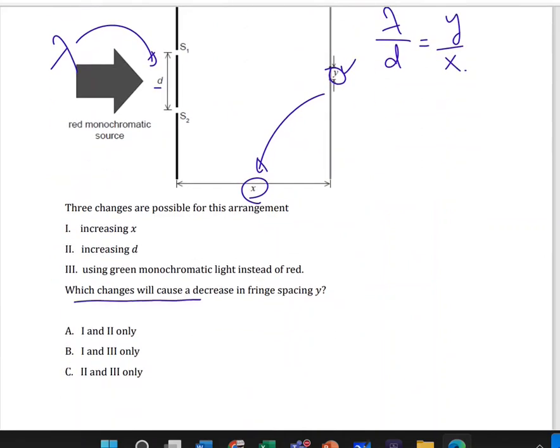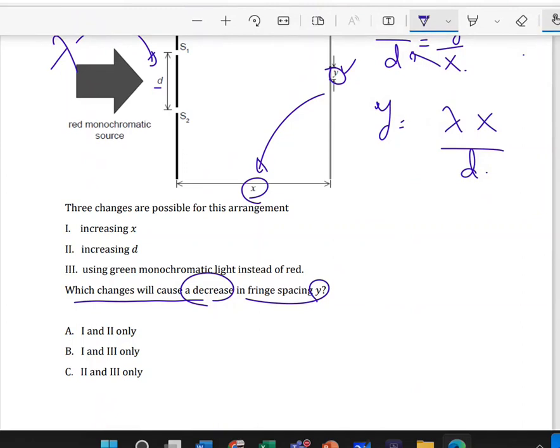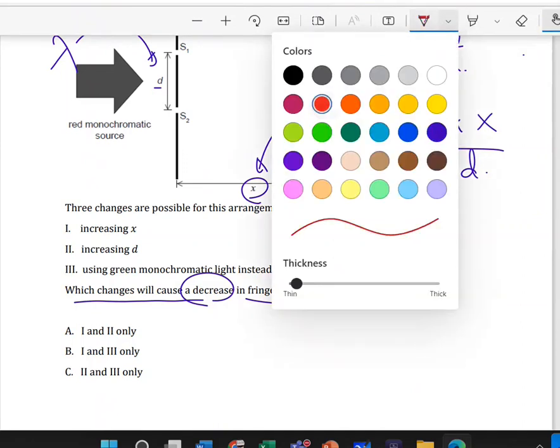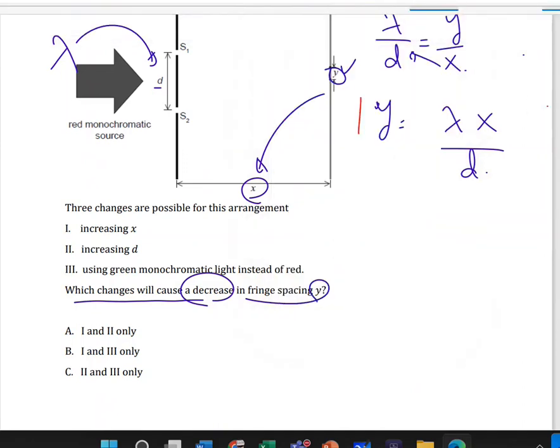Which changes will cause a decrease in the fringe spacing y? So y equals, by cross multiplication, lambda times x divided by d. I need to decrease y. If I want to decrease y, I have to decrease lambda and increase the spacing d.